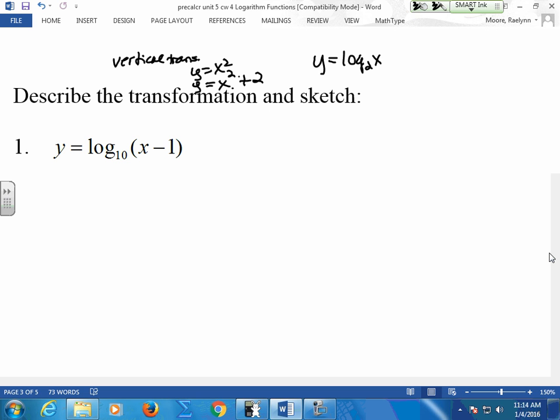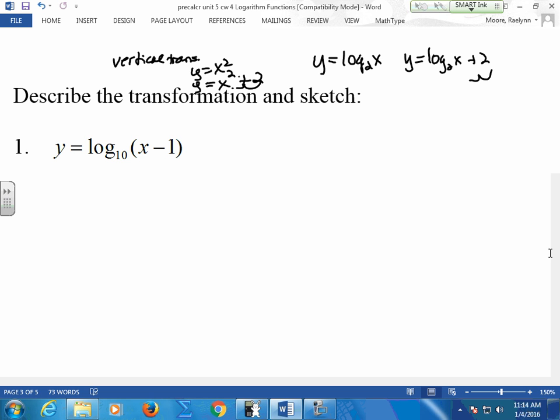There's my core graph, and when I shift it, it just says, shift this guy up 2. Bring me up 2 units. It's the exact same thing. They just look a little bit different when you're looking at it with a log by it. But this has the same effect that this guy had.